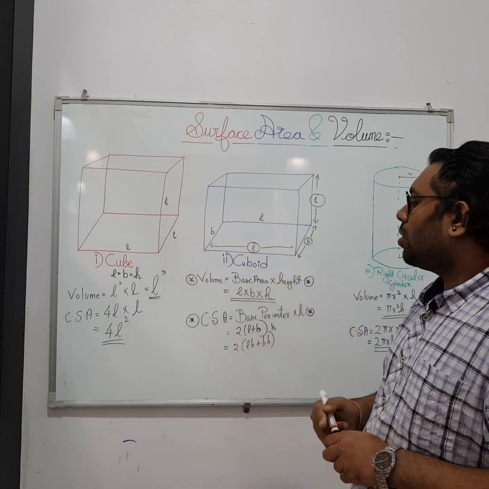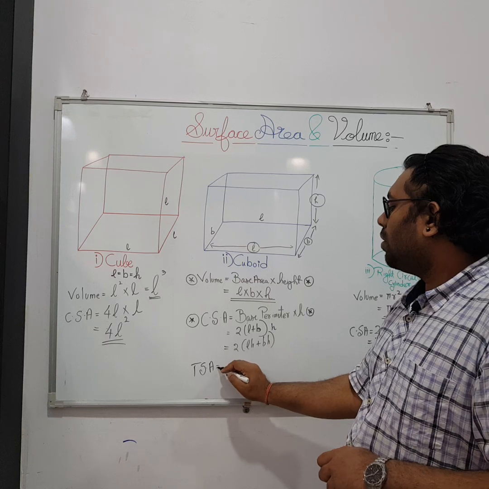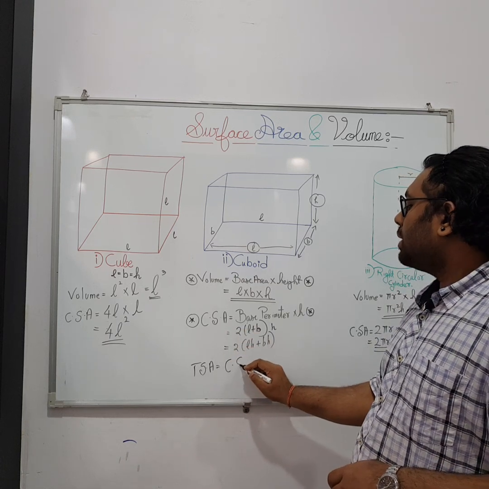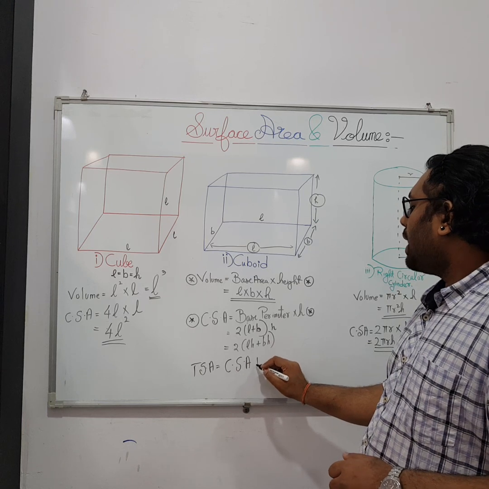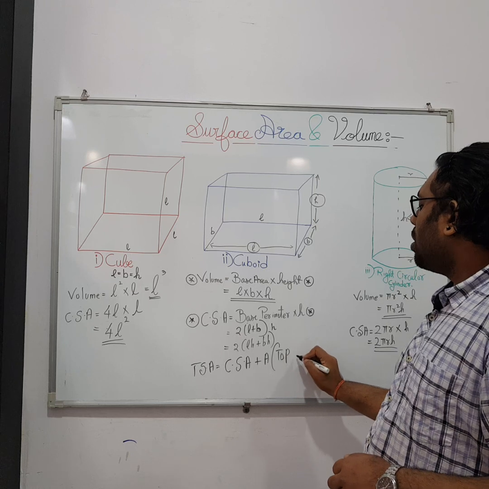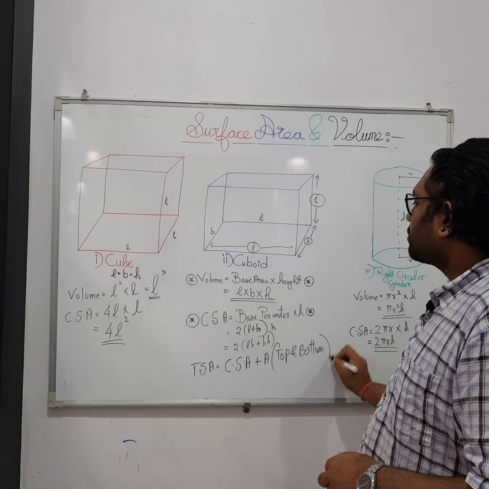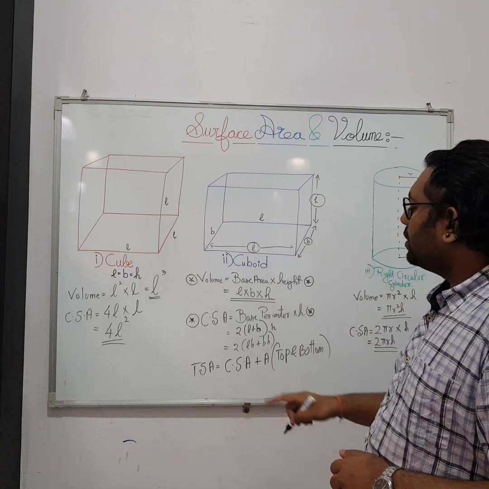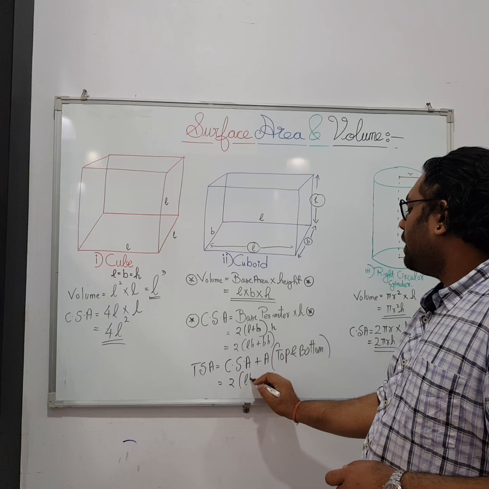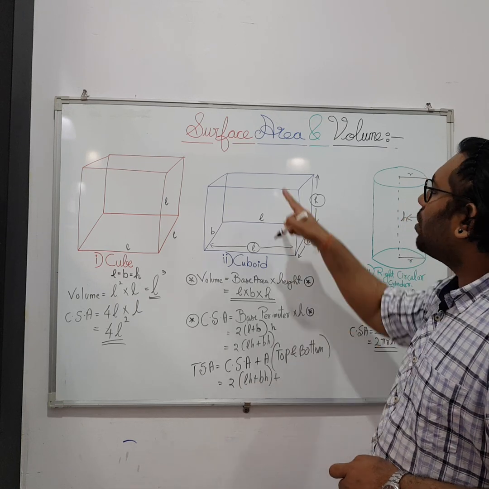Okay. So in short, if you want to find out the total surface area of any 3D figure, what you need to do? You just need to calculate the curved surface area, and you have to add the area of top and bottom. Okay. So as you can see over here, the CSA over here is nothing but twice of LH plus BH plus area of top.